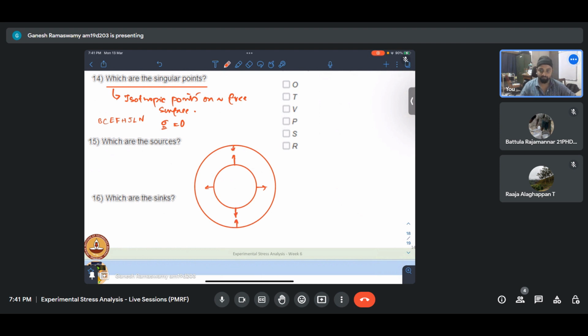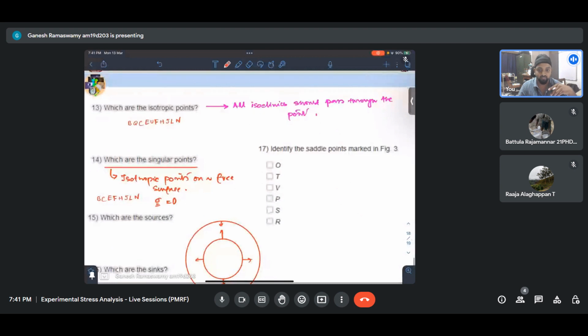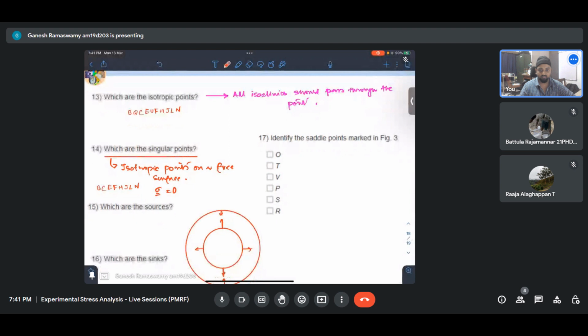Towards the end, I will also try to include that animation, but it is anyway shown in the lecture in detail. So you can have a detailed look at where these sources are, from where the fringes are emanating.